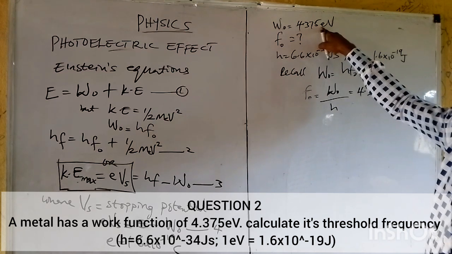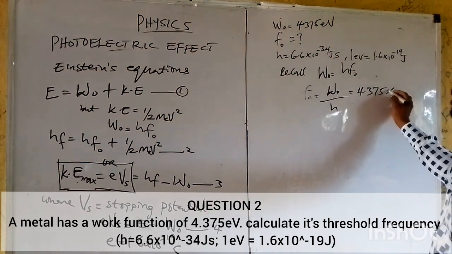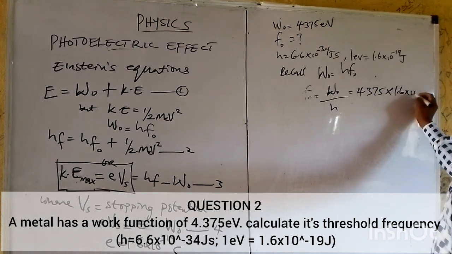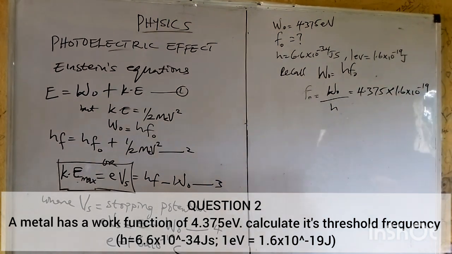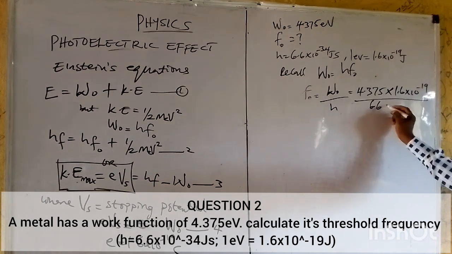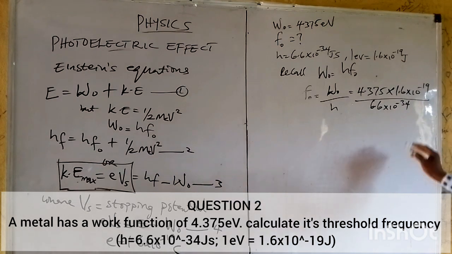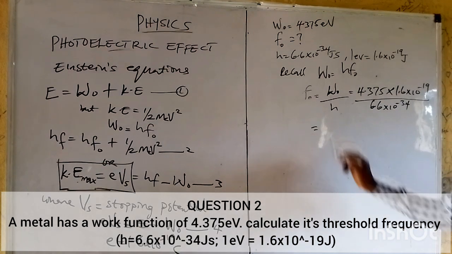Remember, because it is in electron volts, we multiply by 1.6 times 10 to the power minus 19, all over h, 6.6 times 10 to the power minus 34 joule seconds.